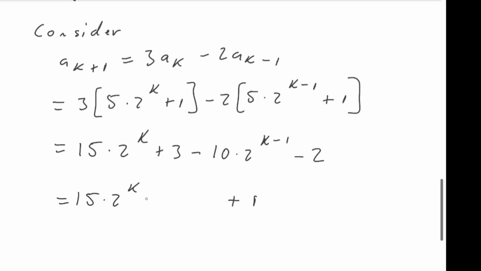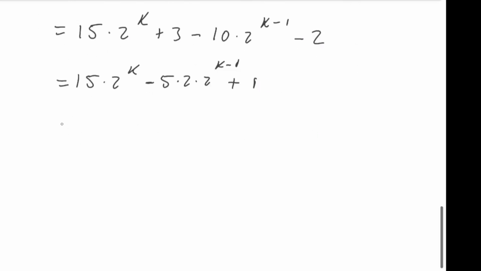And I'm going to rewrite this as 5 times 2 times 2 to the k minus 1, because 5 times 2 is, of course, 10. And 2 times 2 to the k minus 1, so 15 times 2 to the k minus 5 times 2 times 2 to the k minus 1 is 2 to the k, right?